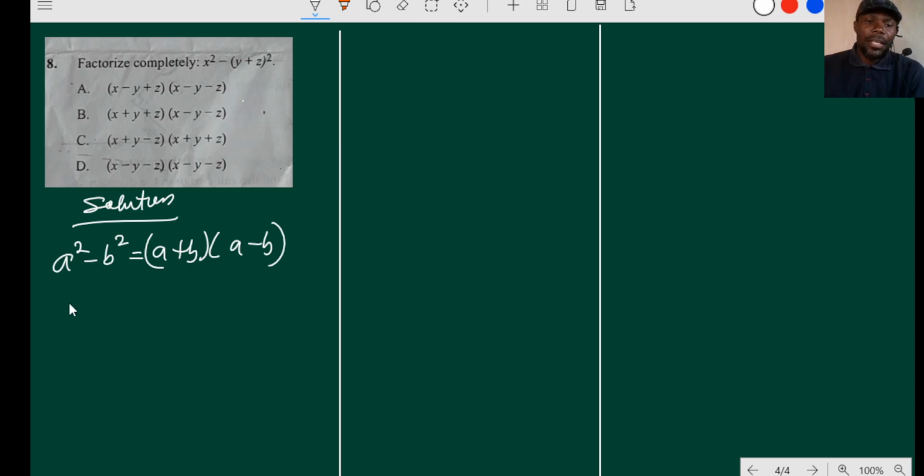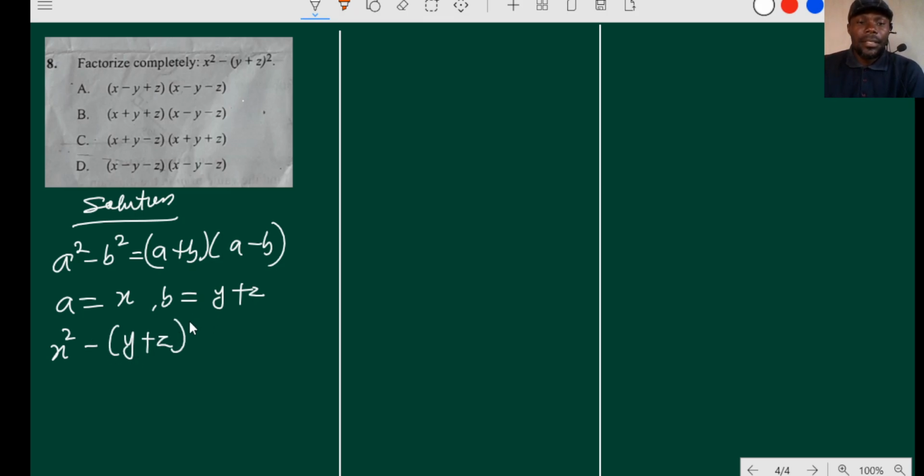Now, you're able to see our a here is x, and our b there is y plus z. So now just apply the formula to this, which says that x squared minus (y plus z) squared will just give you, so simple, x plus (y plus z) and x minus (y plus z). You able to see?